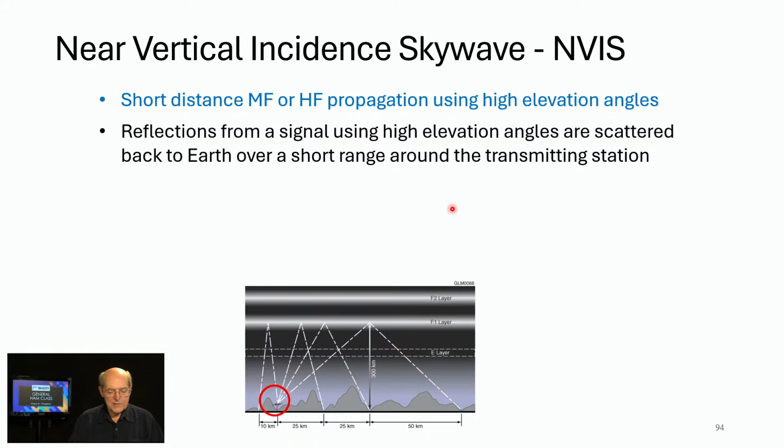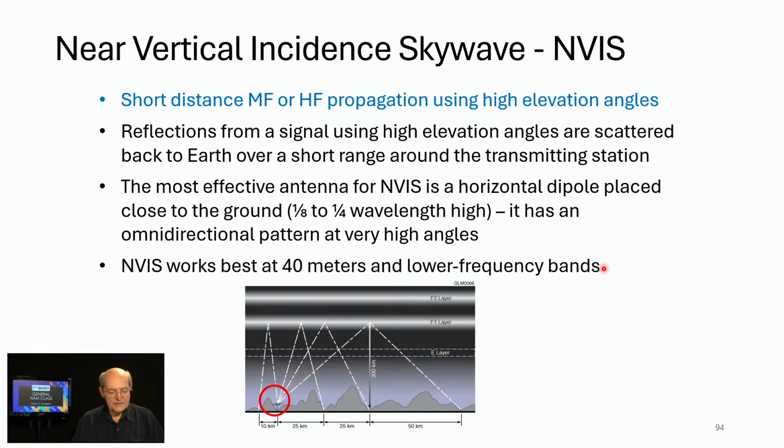So reflections from a signal using high elevation angles scattered back to Earth over a short range around the transmitting station. Dave Kassler mentioned that he lives in a very mountainous area, and they have a network that they run in Colorado, and the only way they can do it is using NVIS. And the military uses this for tactical communications in mountainous regions as well. Yep, same idea, same concept.